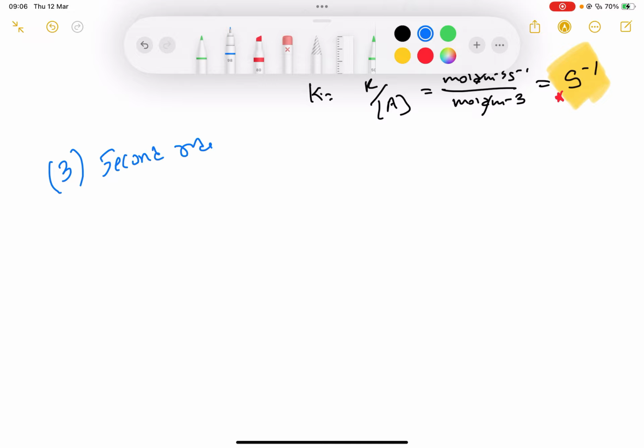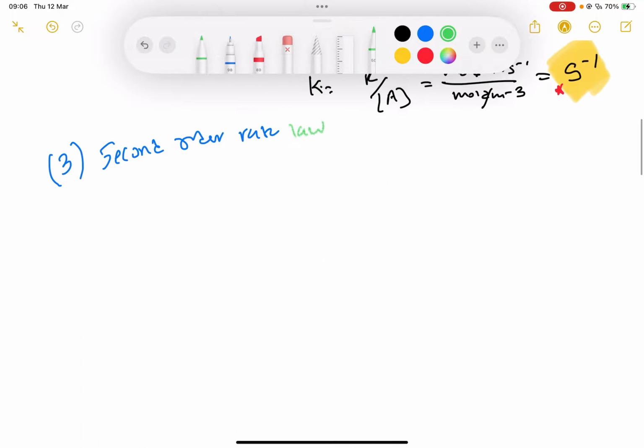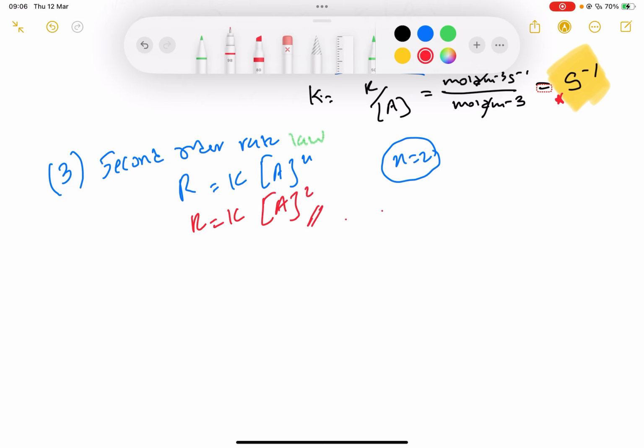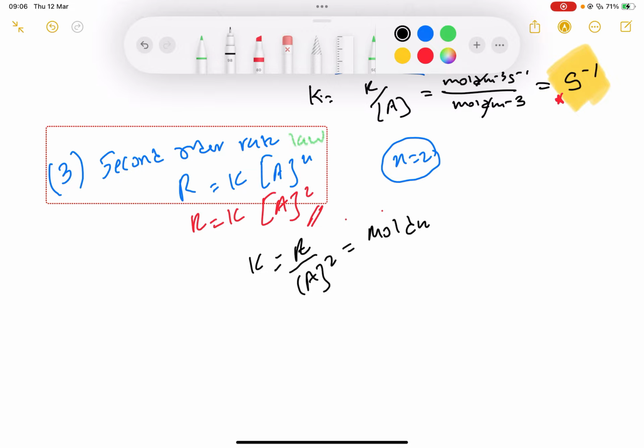Second order rate law. So when you take the second order rate law, rate equals k A to the power x. Now x is equal to 2. The order with respect to the reactant is 2. Then rate equals k concentration of A squared. Now again the unit of k will change. k is equal to rate over A squared. Rate is what? Mole per decimeter cube per second. What is A?